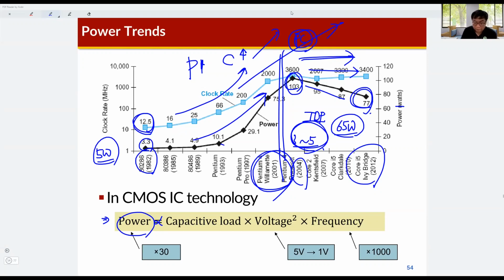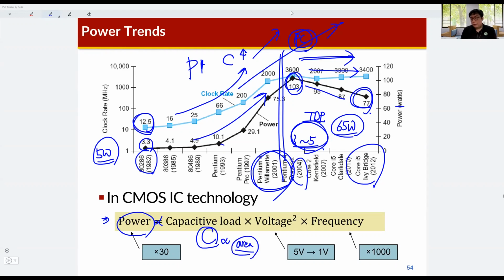I said the capacitive load means the capacitance of the CMOS transistor circuit. And actually this capacitance is proportional to the area of a chip.